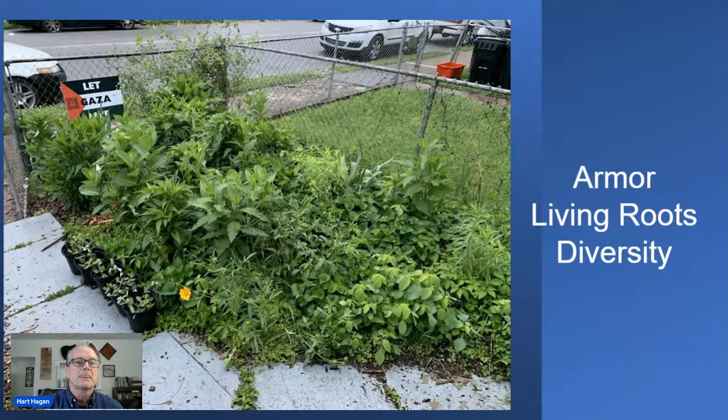So over here we have some ironweed. Over here we have some evening primrose. On the fence we have some coral honeysuckle, and there's some yellow crownbeard here, and there's some cup plant here and here and here.